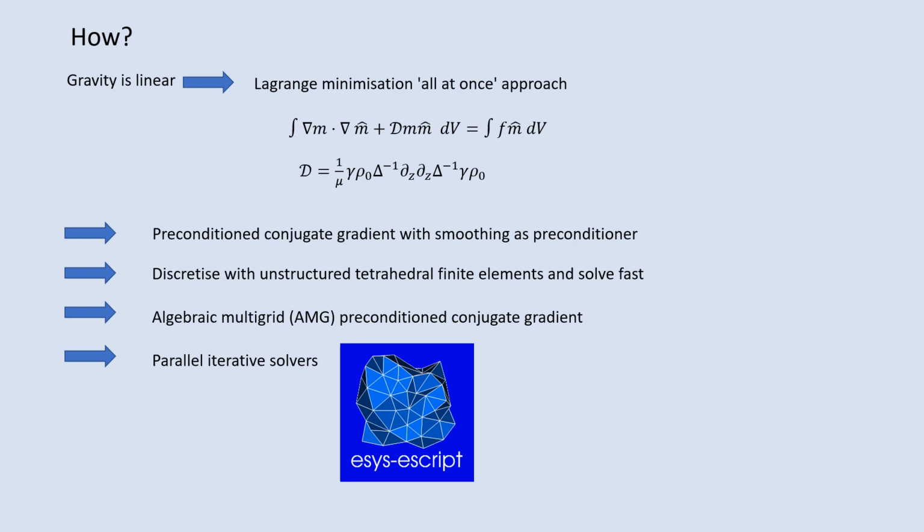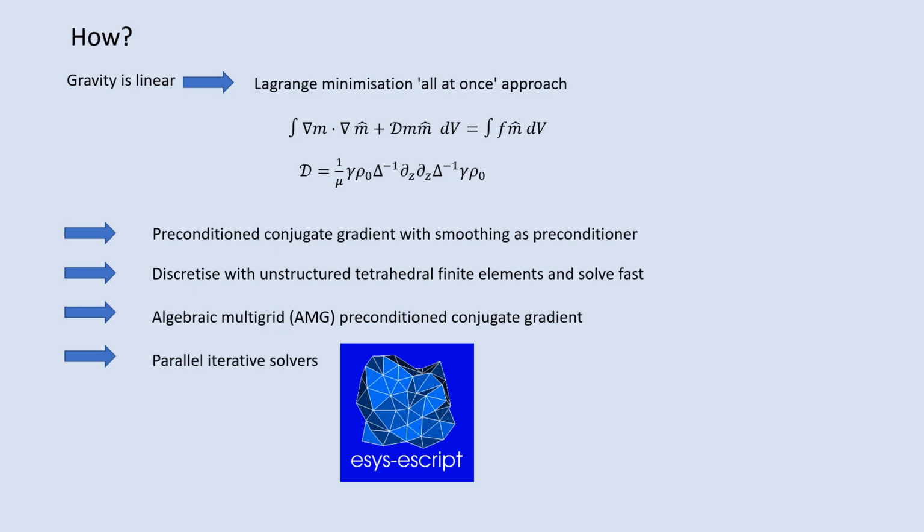Once I have the equations I need to solve for m, I discretize the problem with the unstructured tetrahedral finite element mesh. The resulting discrete equations I solve with another preconditioned conjugate gradient iteration, this time with algebraic multigrid as the preconditioner. So there are two iterations, an outer iteration for solving for m from the Lagrange minimization, and an inner iteration where I solve for the discrete equations using algebraic multigrid preconditioned conjugate gradient.